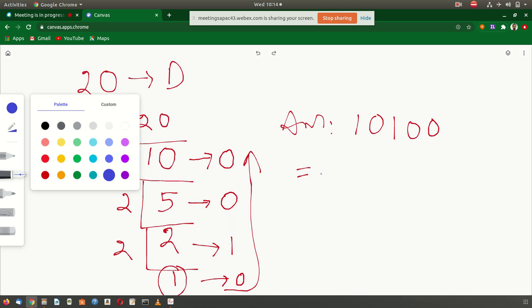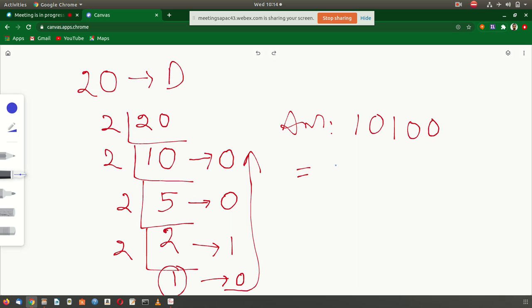Let us verify that what we have got is correct. So how to verify? 0 into 2 to the power 0 plus, remember this is the binary number, and this is the decimal number. So from decimal we divide and get binary, from binary we multiply and get decimal. So both have to be equivalent.